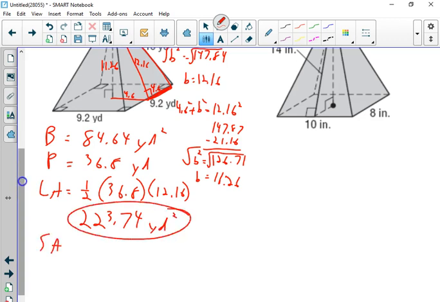Our surface area is just going to be that number, 223.74, plus our original area of 84.64, the area of the base. That's 308.38, again, square yards.